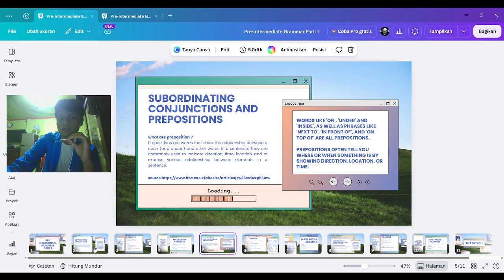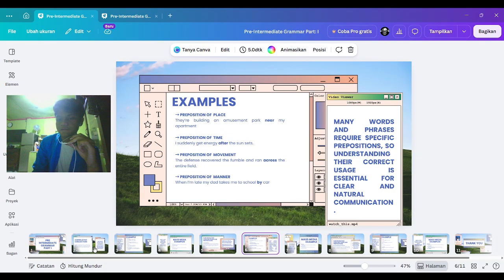They are commonly used to indicate direction, time, location, and to express various relationships between elements in a sentence. Words like on, under, and inside, as well as phrases like next to, in front of, and on top of, are all prepositions. Prepositions often tell you where or when something is by showing time, location, or direction.